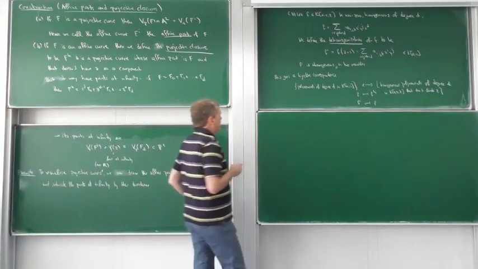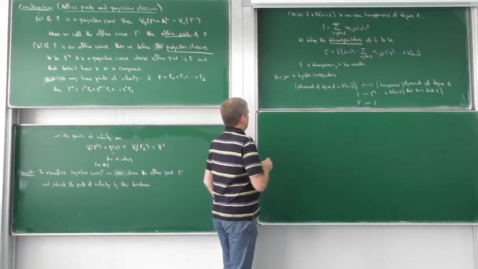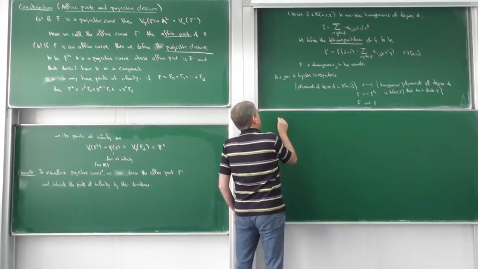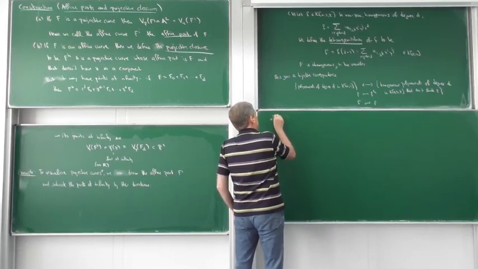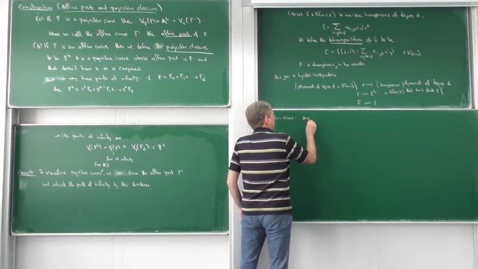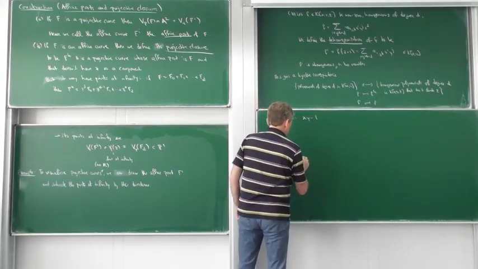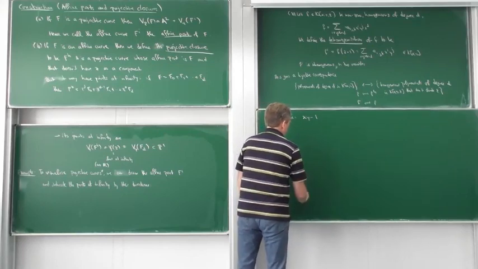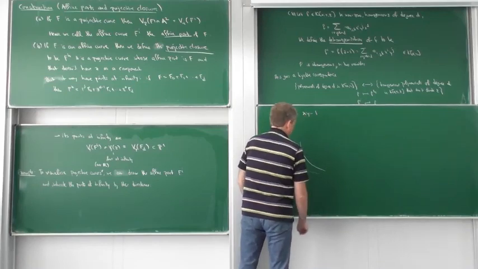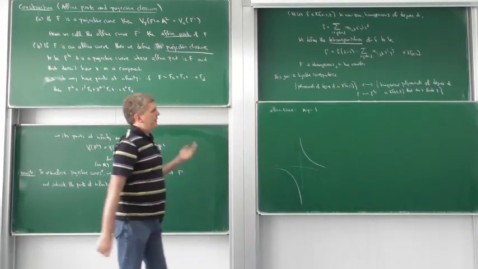So let's start with something like a hyperbola. Take the affine curve xy minus 1, where we know what it looks like. Y is 1 over x. So that's the affine picture that we would draw.